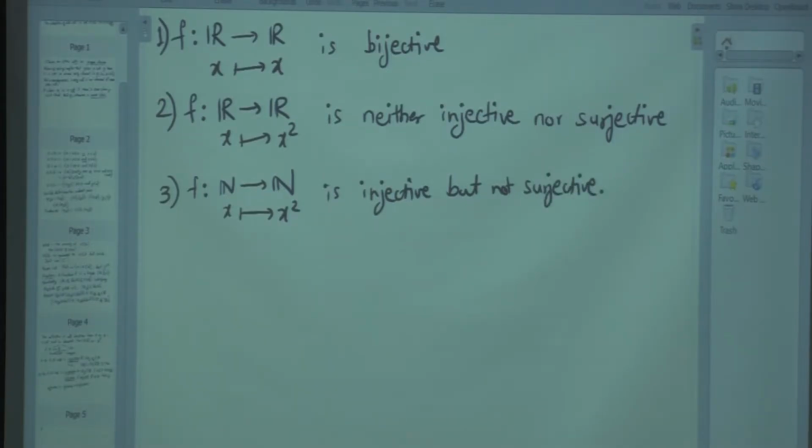So in this case, what is the image of f? Set of all perfect squares. It is the set of all those y's in N such that there exists an x in N such that y is equal to x square.